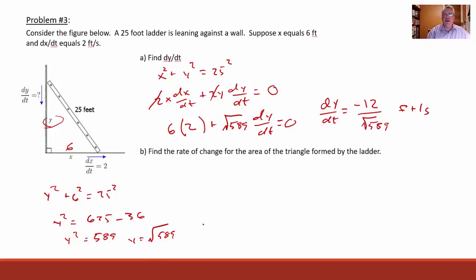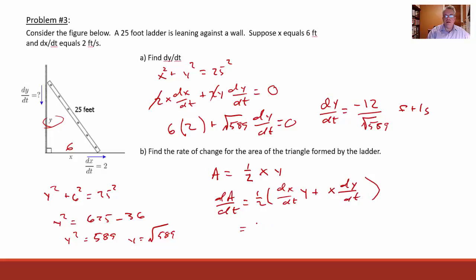Okay, now find the rate of change for the area of the triangle formed by the ladder. Okay, well, area is 1/2 the base, which is x, times the height, which is y. So dA/dt would equal 1/2, well, we need the product rule here. It'd be the derivative of x times y plus x times the derivative of y.